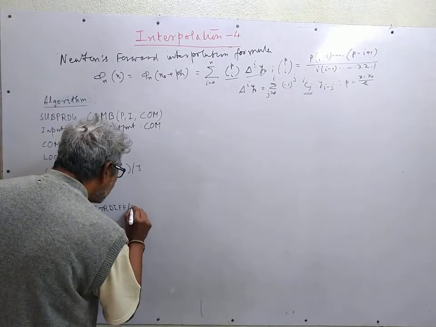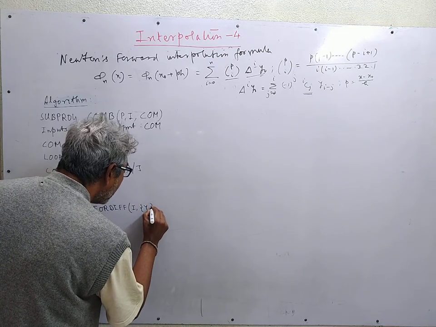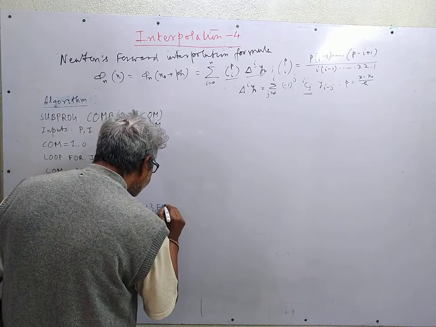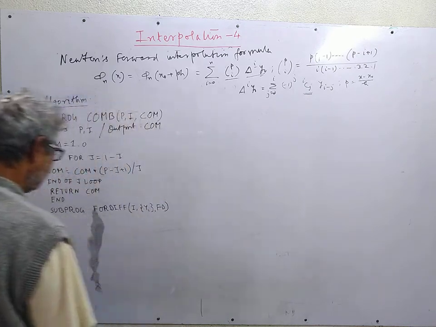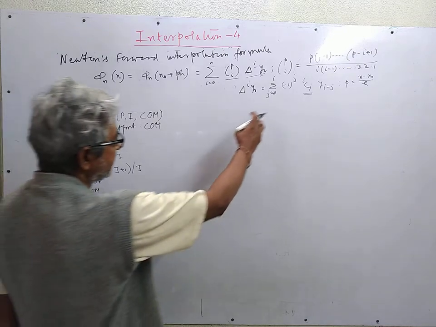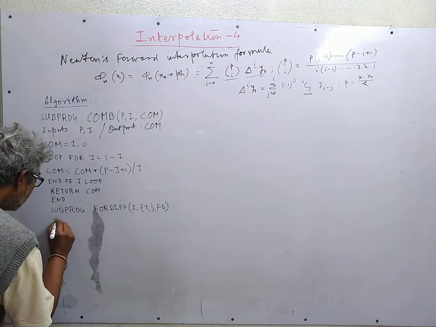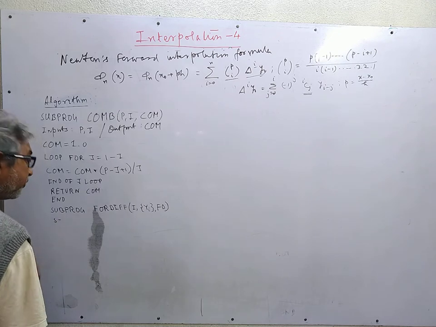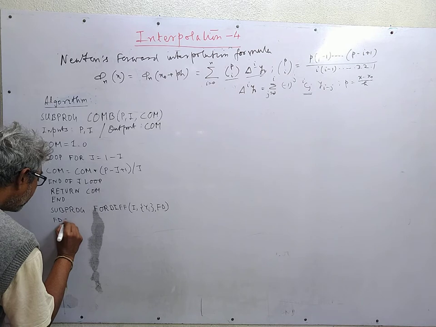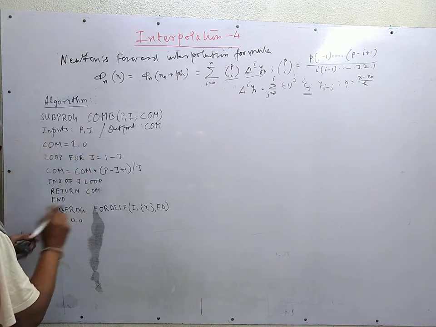So our inputs are I and yi and the output is forward difference. This performs a sum, so we initialize the sum, or forward difference, to 0. This is the additive identity, the earlier one was the multiplicative identity.